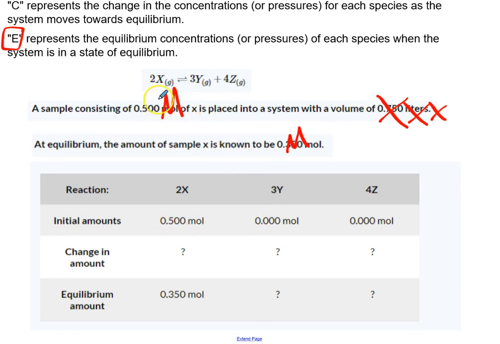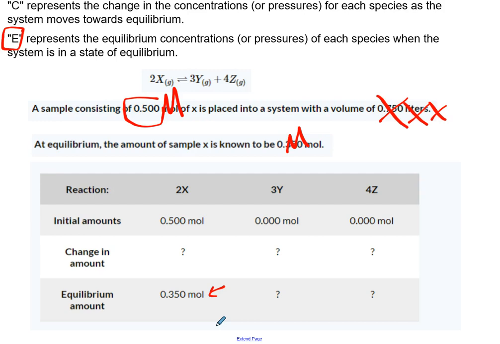It told me right here that X started at 0.5, and that X ends at 0.35. Every other spot where there's a question mark, I can figure out based on that.